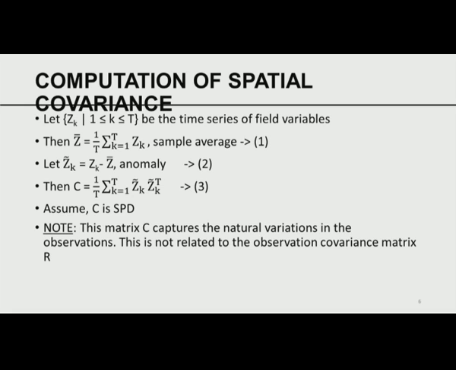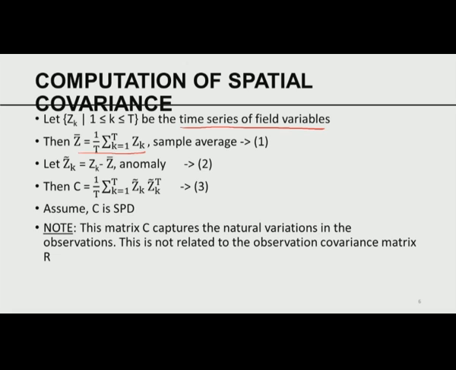So what I described is now reinforced in this slide. Let me quickly reinforce that. Computation of the spatial covariance C is the computation of spatial covariance among m observation stations. Z is the time series of the field variable, z bar is the vector of means. Instead of doing individual stations, I am collectively doing it for all stations.